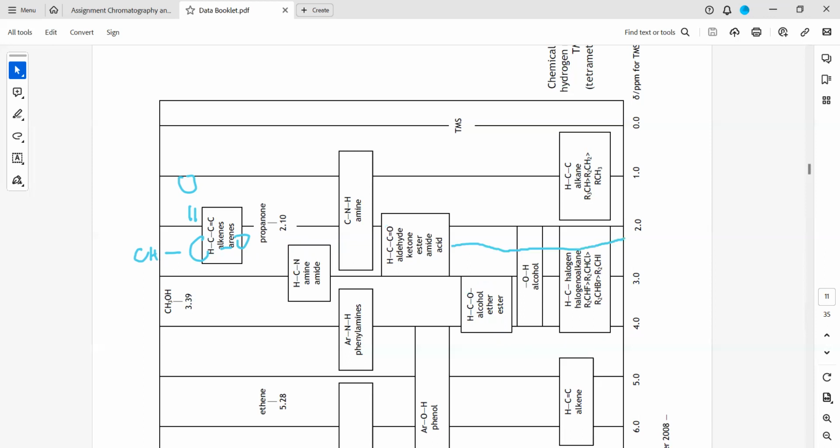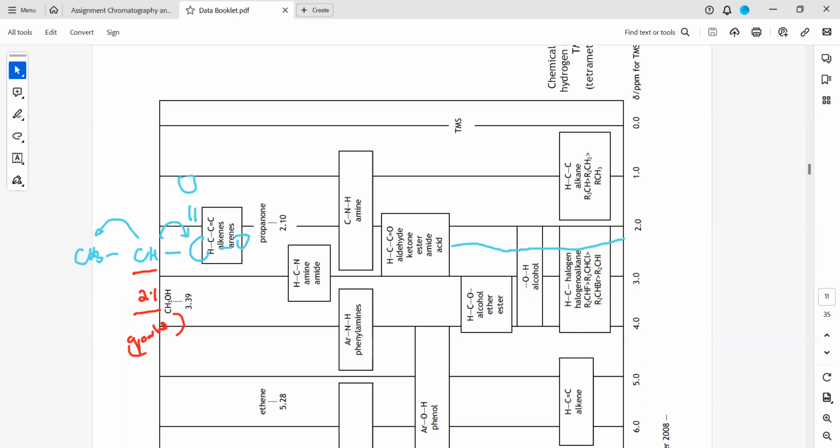This carbon is giving a peak at 2.1, because if C double bonded with O and O, and a CH group is attached, it can be CH2, CH3, or CH. They mention that this is giving a quartet. If this is giving a quartet, the neighbor should have three hydrogen. Here the neighbor does not have any hydrogen, so the other neighbor should have three hydrogen. So this will be CH3.